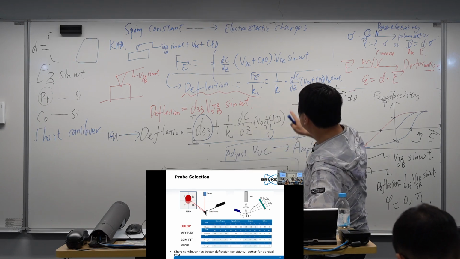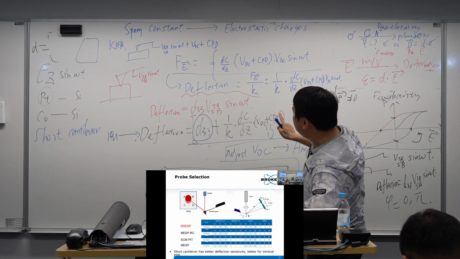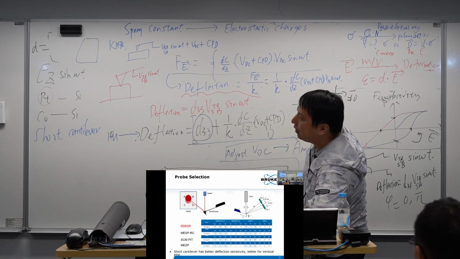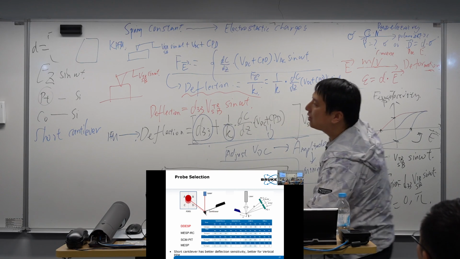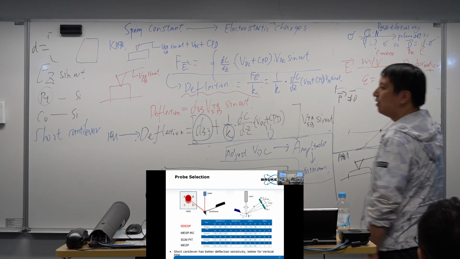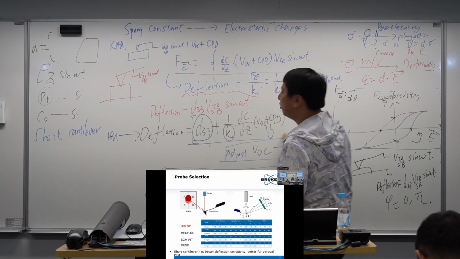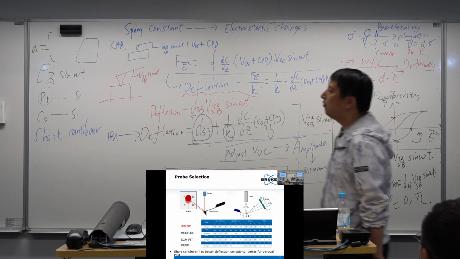We cannot change the VTBSB. It is very hard for us to adjust the DC over DC. So the way is we make this K large. The larger the K, this term will be small, and then this term will be significant.